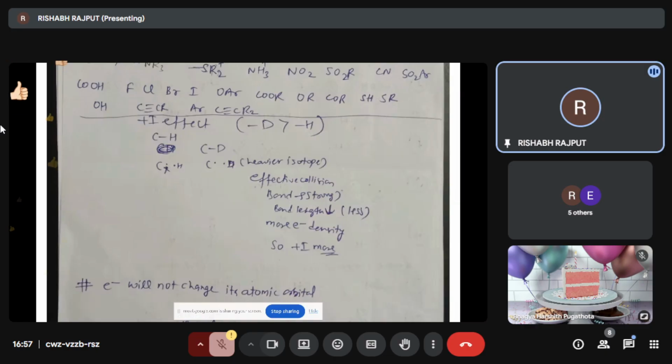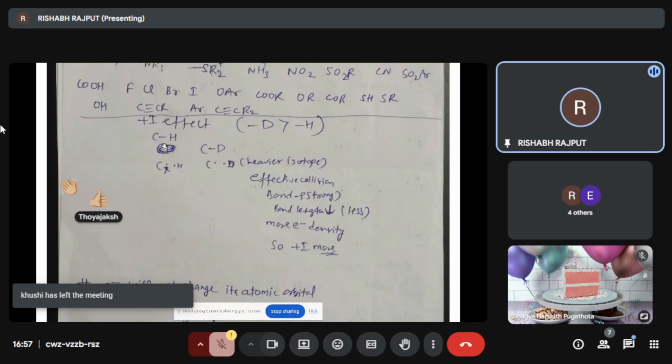That is why the bond length is very small, so the electron density is very low, so the +I effect is more here compared to carbon hydrogen. So whenever carbon hydrogen or carbon deuterium is there, carbon deuterium has more +I effect. Okay, guys.